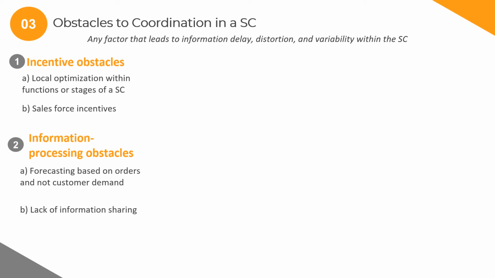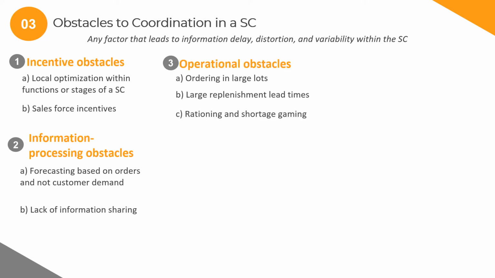Then the third one is operational obstacles, which occur when actions taken in the course of placing and filling orders lead to an increase in variability. They can be caused by ordering in large lots, large replenishment lead times, and rationing and shortage gaming.